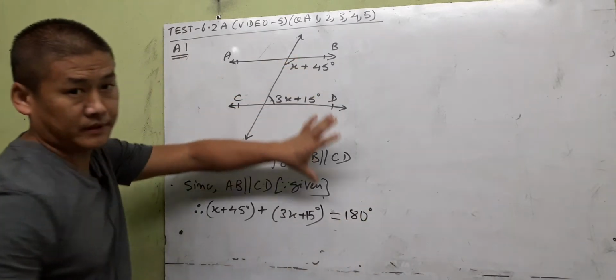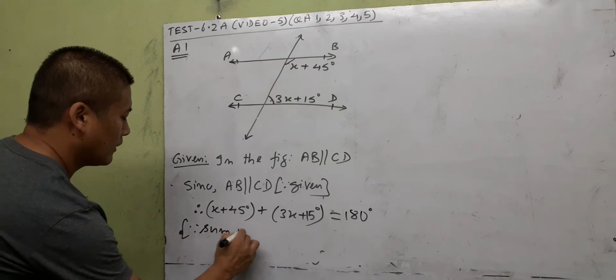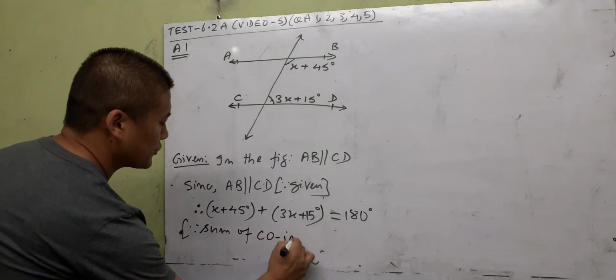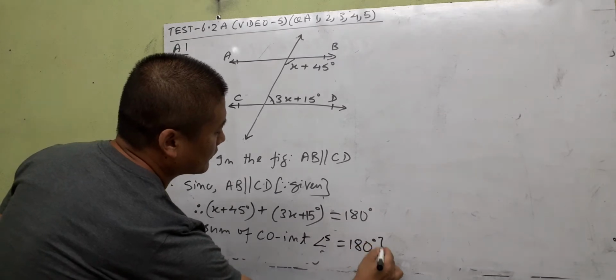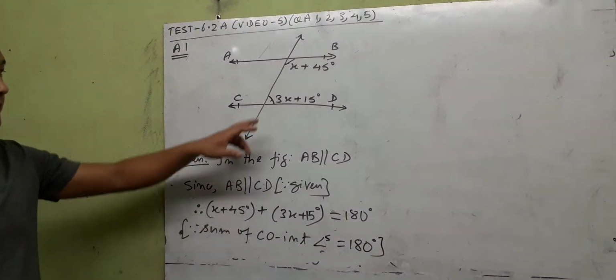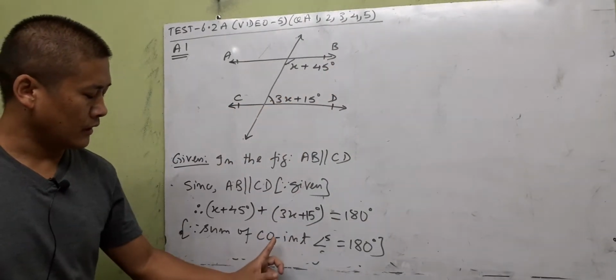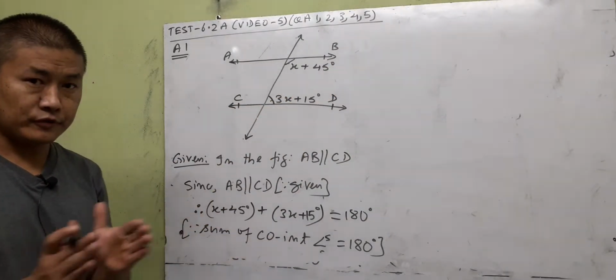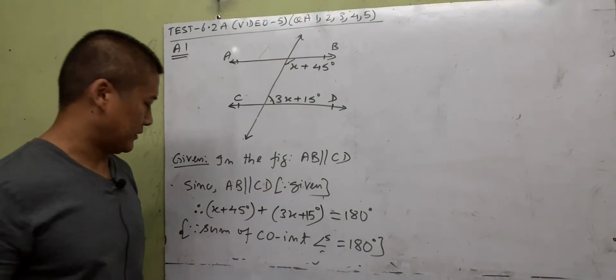We learned this theorem in the previous class. So we write here, we know the sum of co-interior angles when the lines are parallel is always equal to 180 degree. The sum of the two interior angles on the same side of the transversal, which are called co-interior angles, when you put together will always be 180. We know this theorem from the previous class, right?